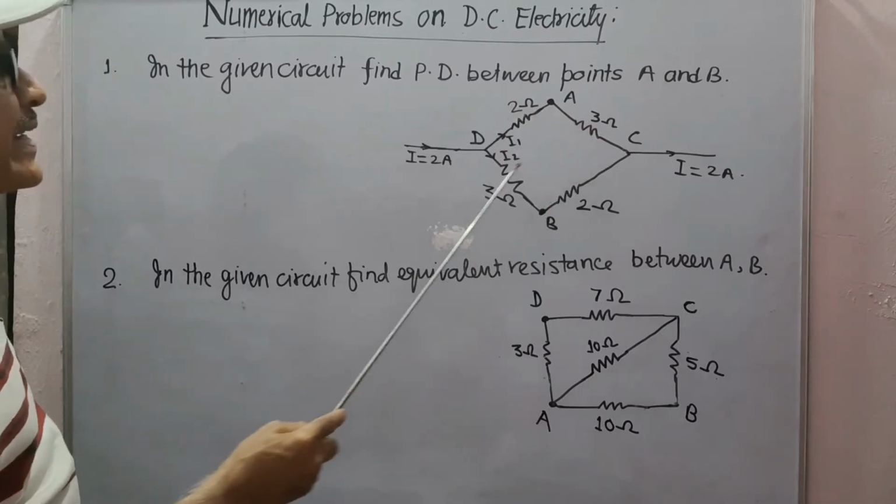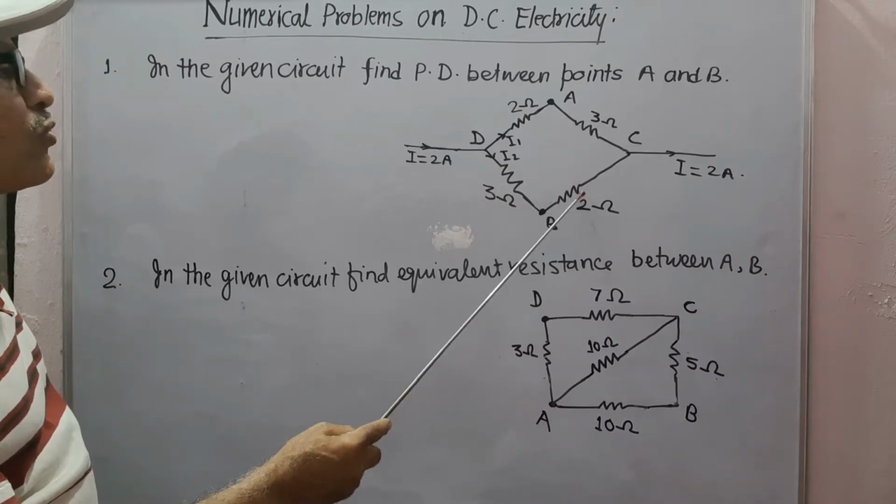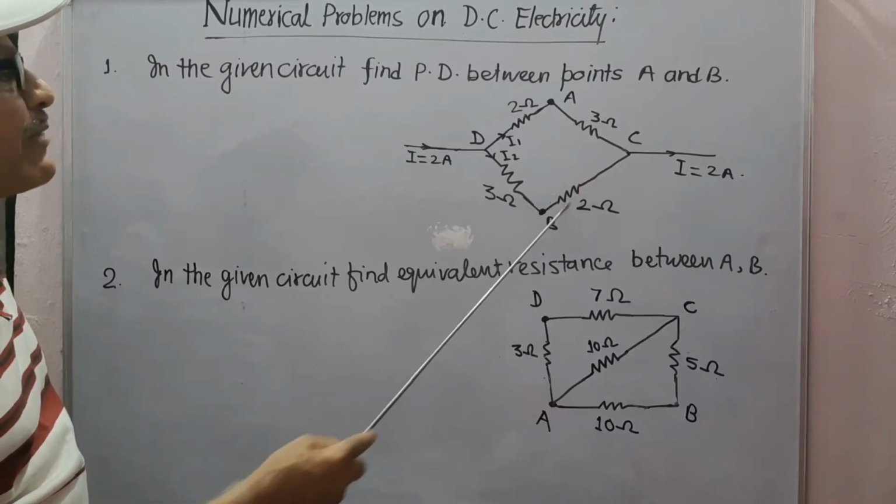Similarly, the lower branch has 3 ohm plus 2 ohm in series, that is 5 ohm.